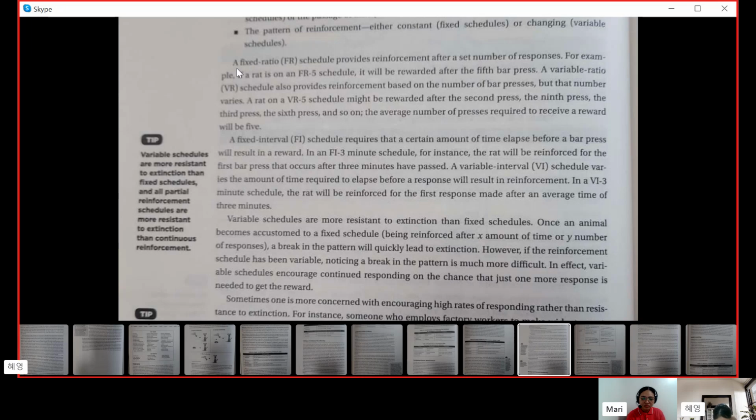A rat on a VR5 schedule might be rewarded after the second press, the ninth press, the third press, the sixth press, and so on. The average number of presses required to receive a reward will be 5.